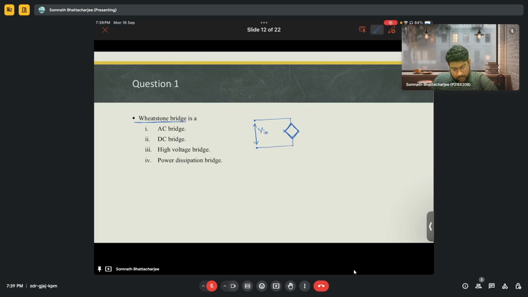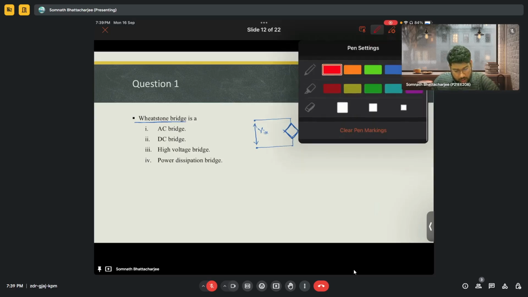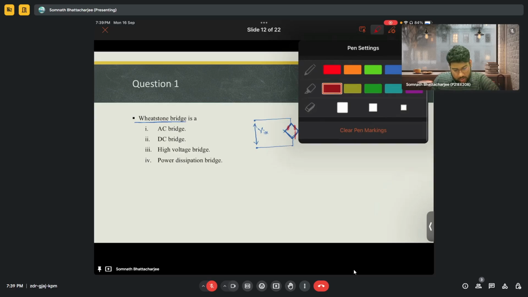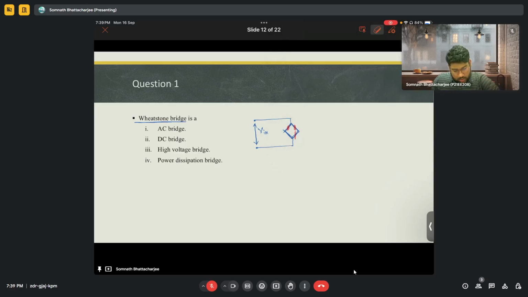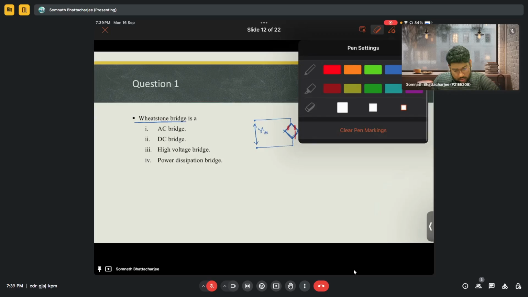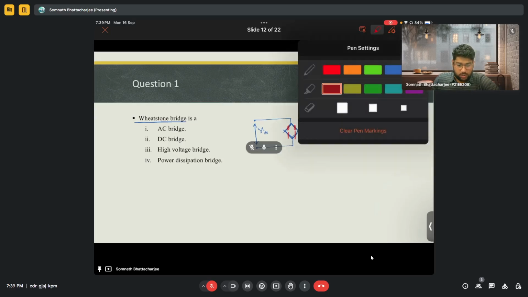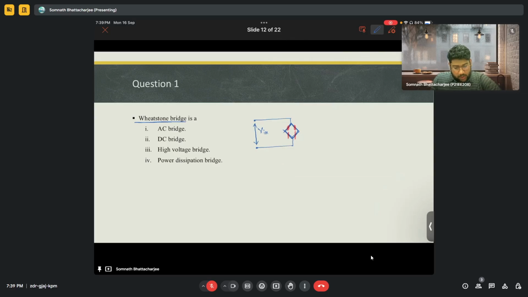Here is a resistor, here is a resistor, here is a resistor, and here is a resistor. So there are four resistors in the arms, and through this we need to know the current.